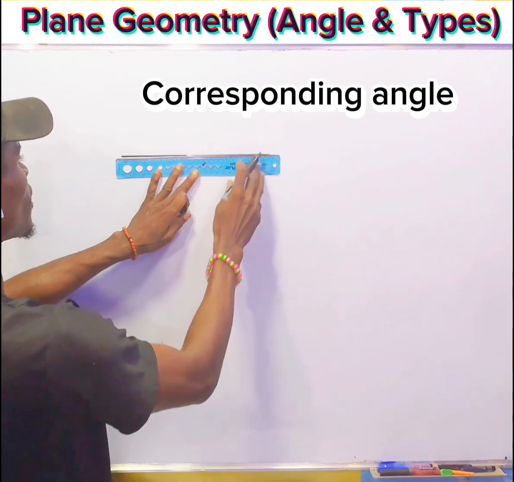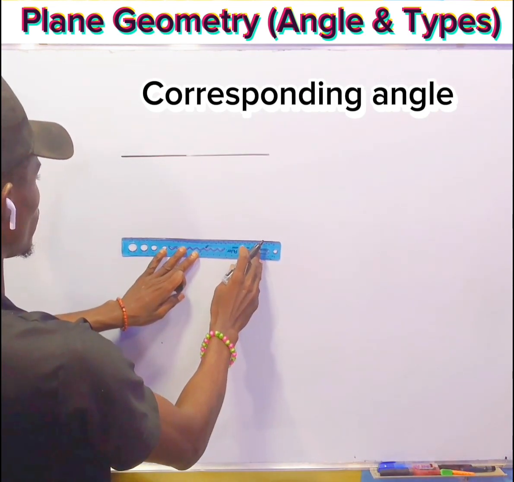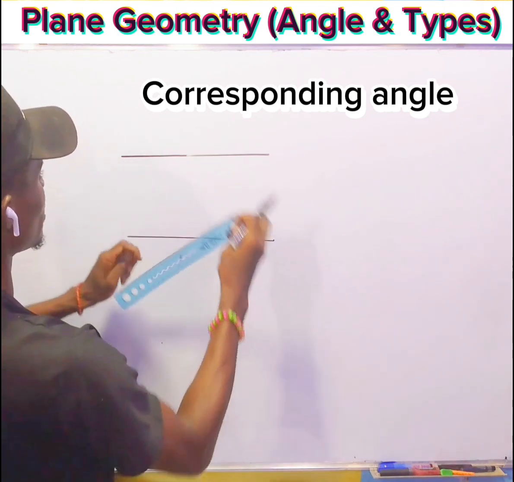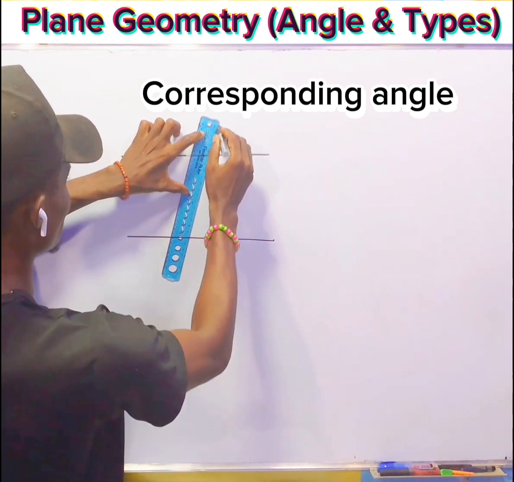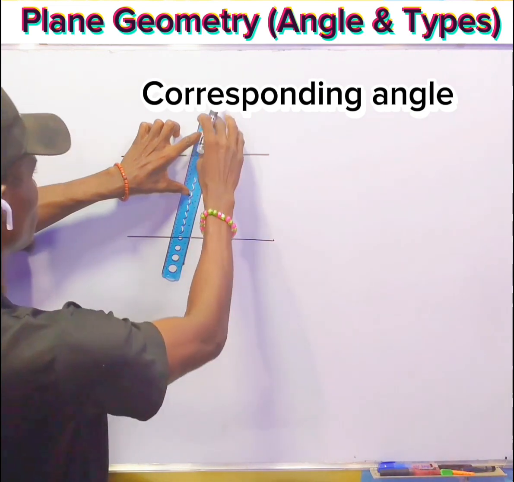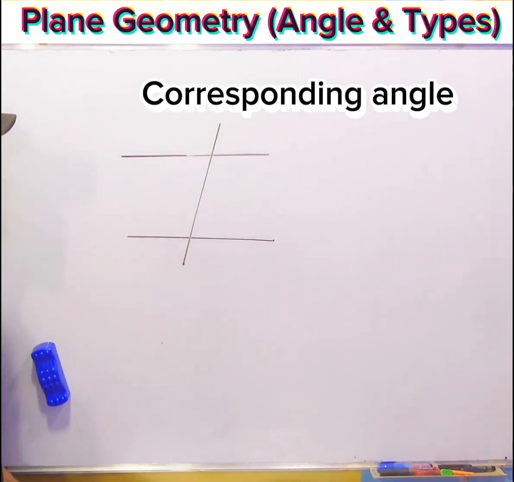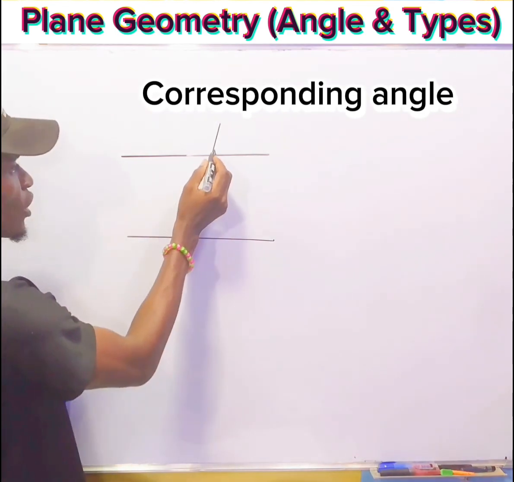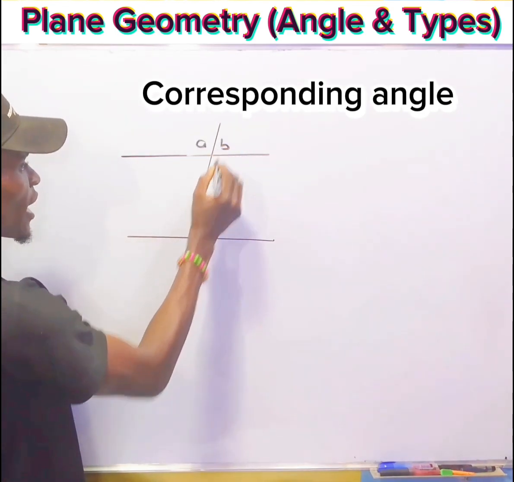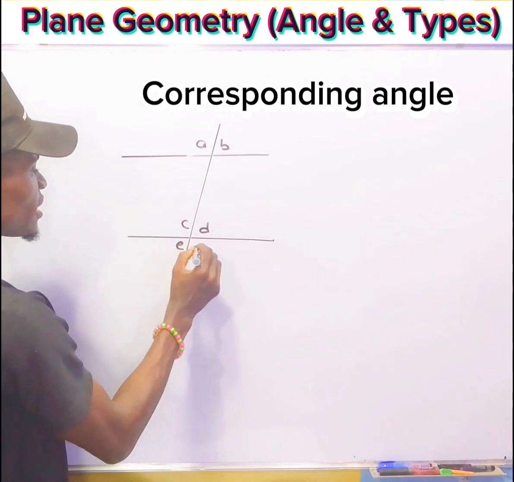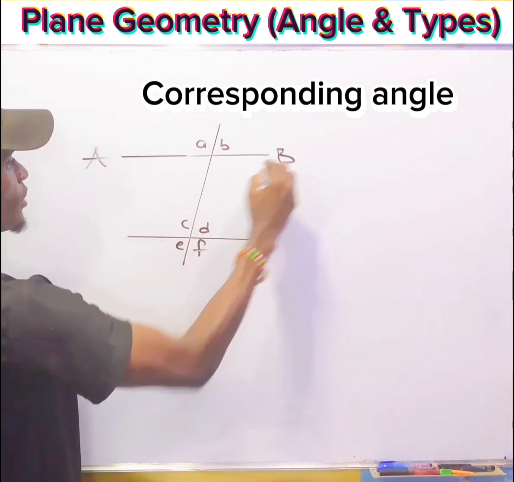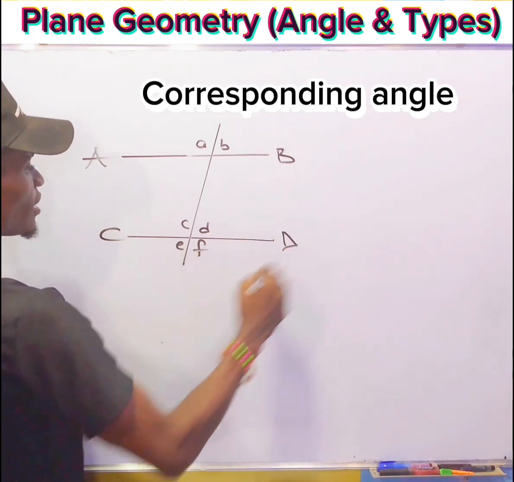For you to get a corresponding angle, you must be dealing with two parallel lines that are cut by a transversal line. However, corresponding angles are said to be equal. Now, to get the corresponding angle here, let's call this AB, CD, EF. Line AB and CD.